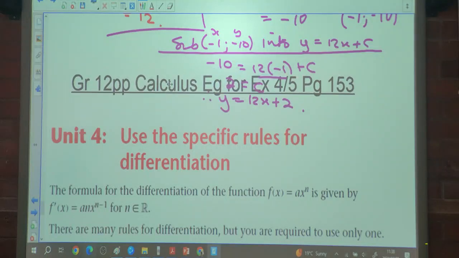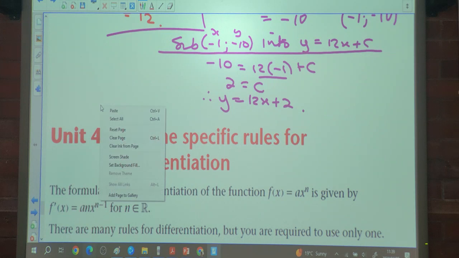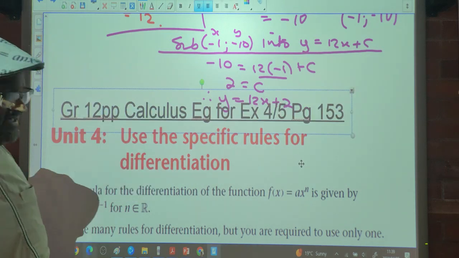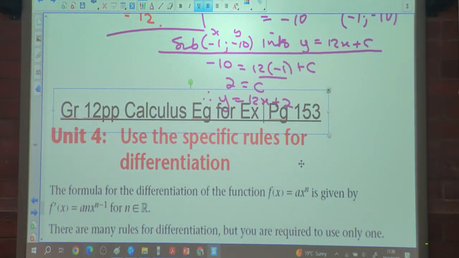Now we're looking at examples for exercise 6. Exercise 6 on page 155.